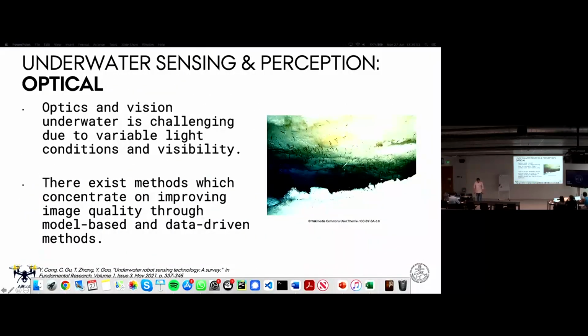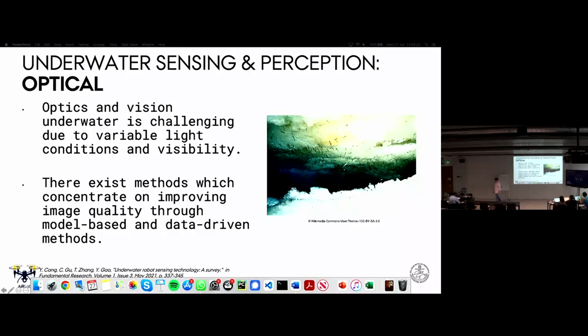Quite a few approaches also include optics and vision. Optics and vision are obviously very challenging underwater, mostly due to light conditions and visibility issues, and as you can appreciate, the relative difference of how visibility underwater can vary in different bodies of water, right?